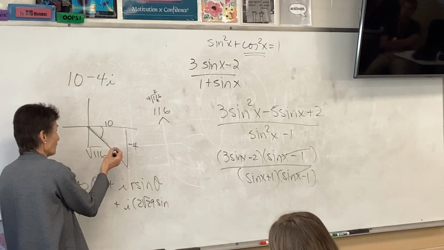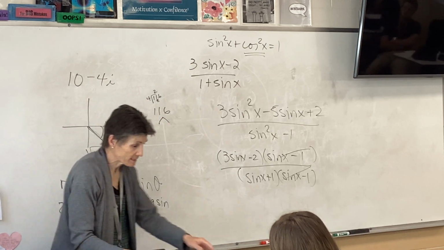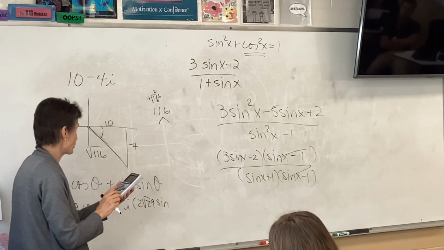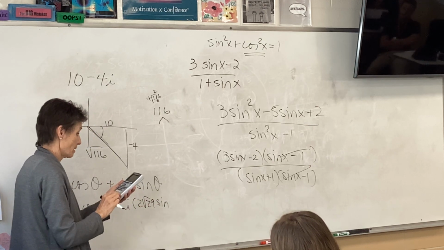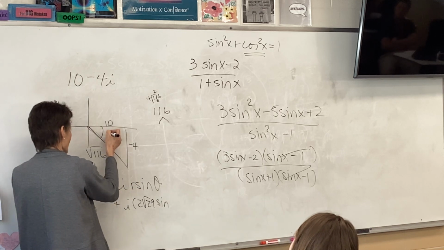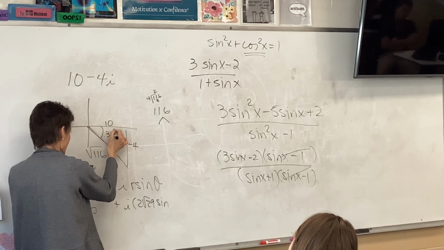So I'm going to go to my calculator, because I don't know what that angle is without a calculator. And what am I going to type in? Inverse tangent, 4/10 or negative 4/10. This angle right here is 0.381.